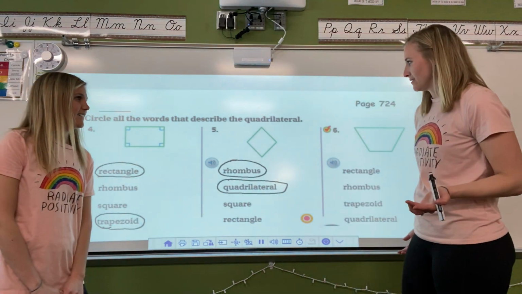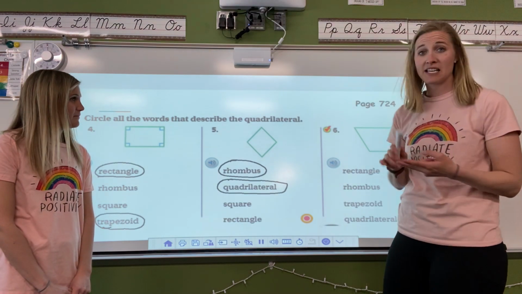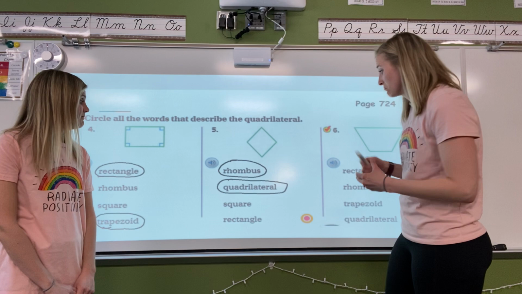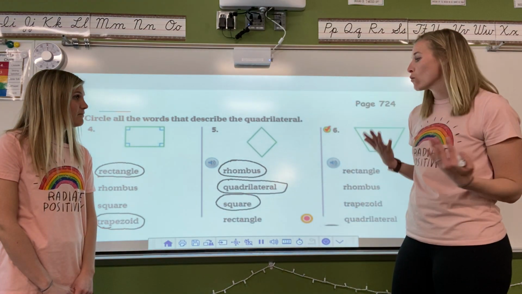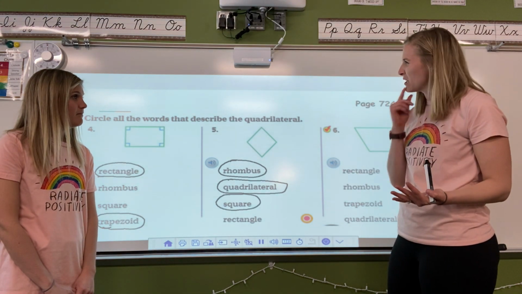A square. Well, I see the parallel sides, I see equal length, and I also see right angles. Yeah, it's a square. Now I know right away that it wouldn't be categorized as a rectangle, would it, Miss Pelzel?